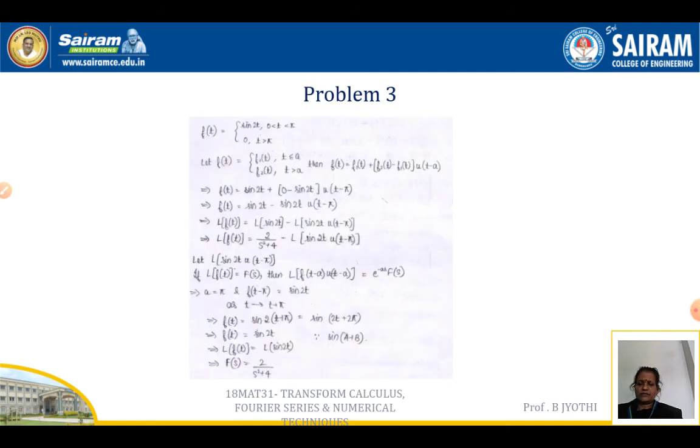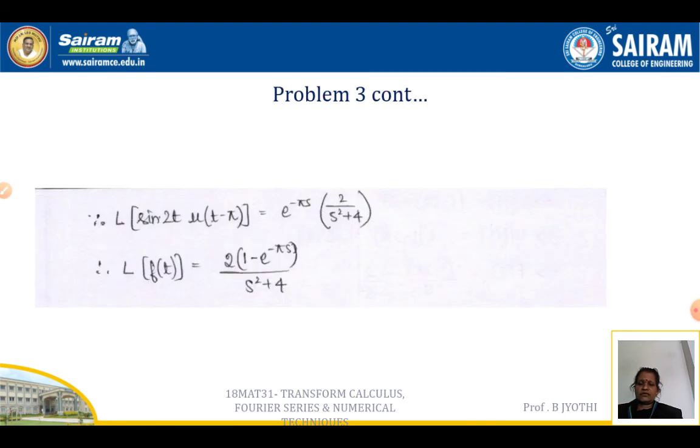We can see here 2 divided by s squared plus 4 minus L of sin 2t into u of t minus pi. So on simplification we are getting 2 divided by s square plus 4 into this u of t minus pi. If we do, it will be e to the power of minus pi s multiplied.